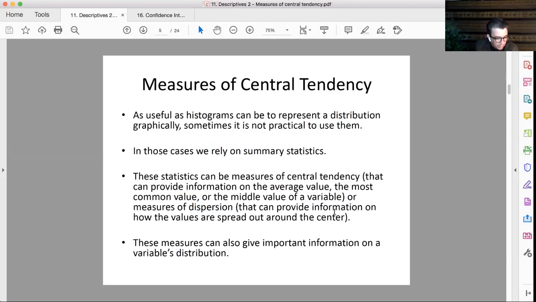However, you can get some information on how it is distributed with just a couple of numbers. Some of these numbers are measures of central tendency, and one of them you know very well.